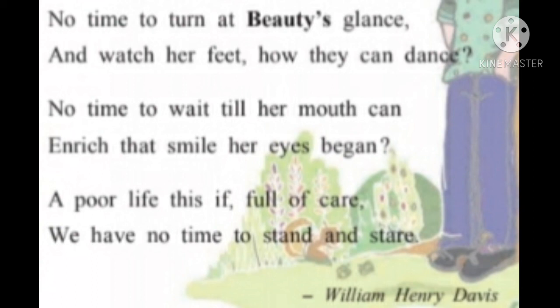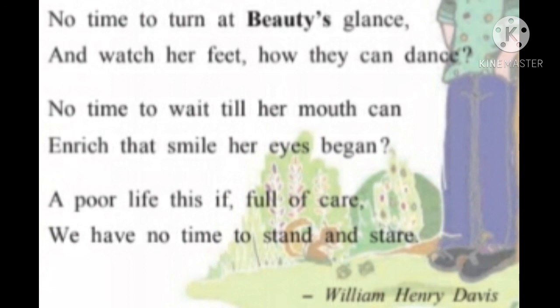Look at the next couplet. No time to wait till her mouth can enrich that smile her eyes began. Here the poet says that we don't have time to look towards the beauty of nature. Enrich the smile her eyes began is an example of metaphor because here the blooming of flowers has been indirectly compared to a woman smiling.